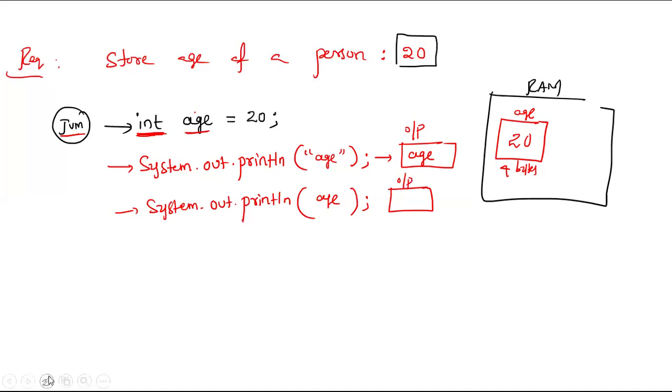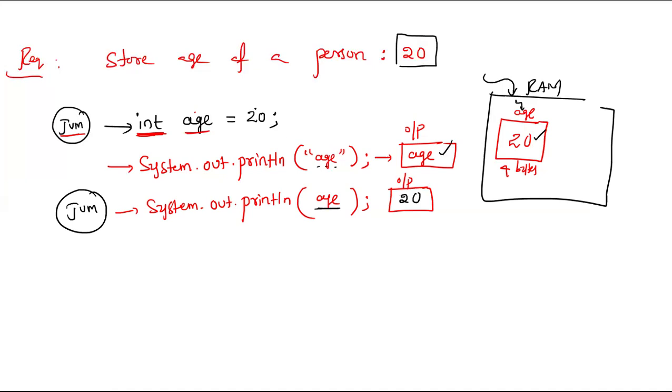In this scenario, when JVM executes this line of code, the programmer is trying to access the variable. Then JVM goes to memory and looks for one of the container names, or one of the memory location names, called age as per the same naming standards. Yes, there is something called age, and JVM picks this data and generates that as output for the programmer. So if you use anything in double quotes, we get it as it is in the output.